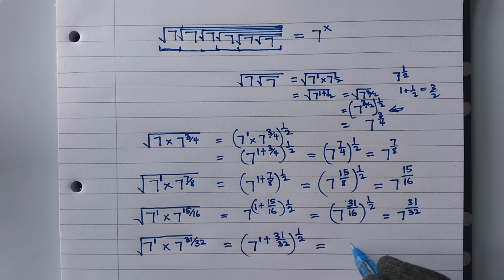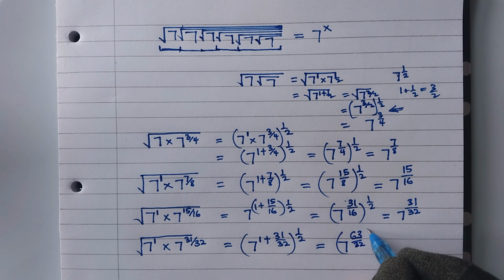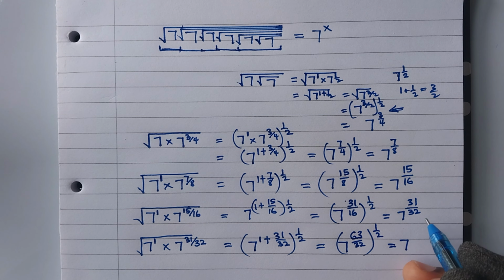This will give us 7 raised to power 1 plus 31 over 32 is 63 over 32. Then raised to power 1 over 2. So altogether, that is 7 raised to power 63 over 64.